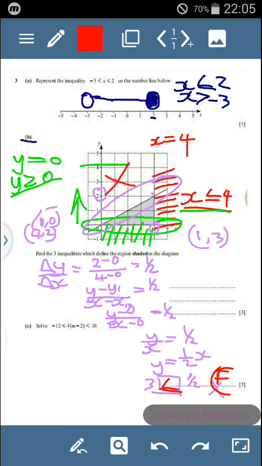So in other words, the equation is true when we say y is greater or equal to half x. That will be the third inequality: y greater or equal to half x.